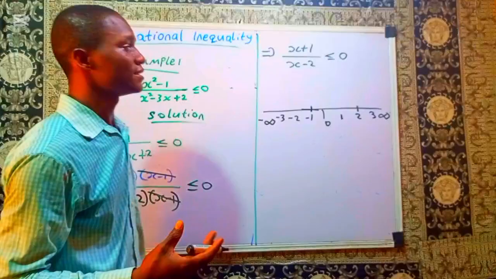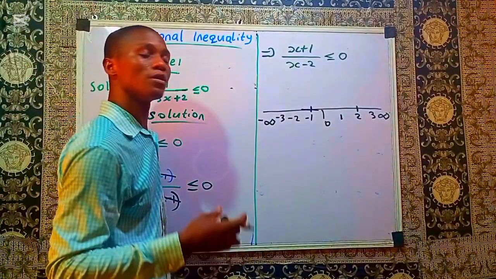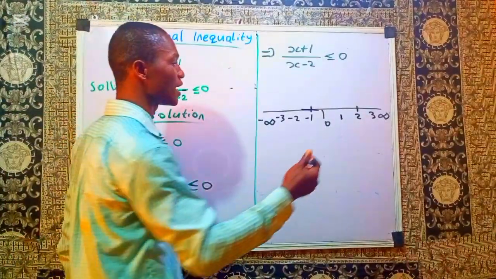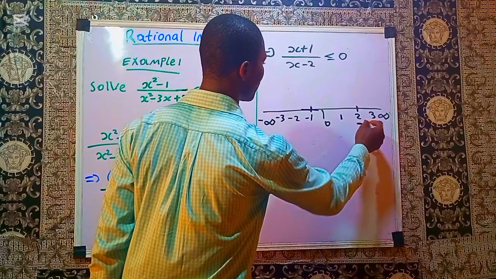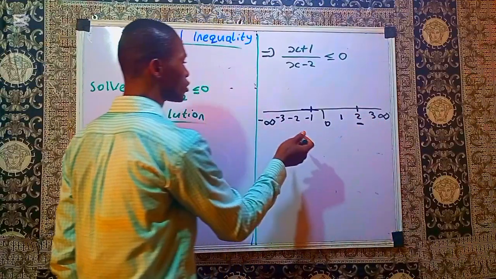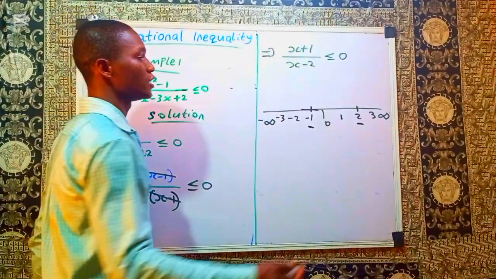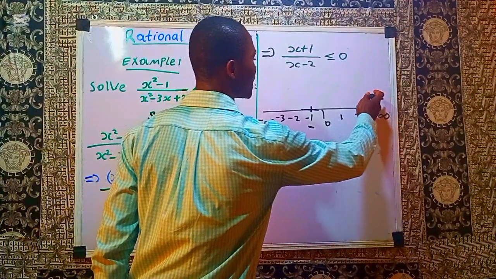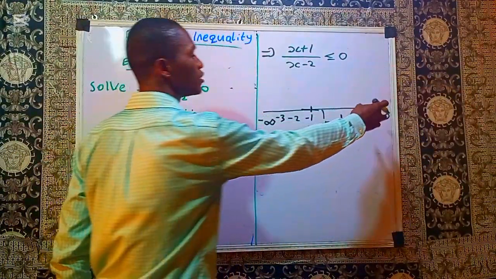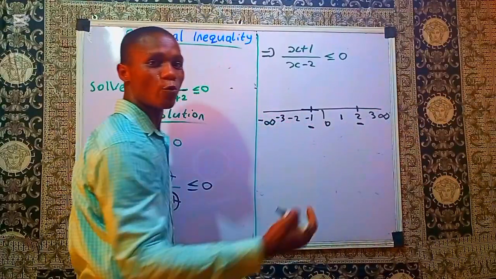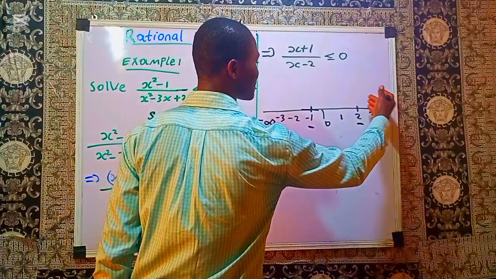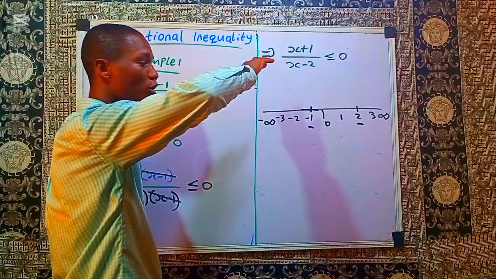Once you have done that, the next thing is to substitute numbers in the regions around these points. Remember, we considered 2 and we considered minus 1. If you pick a number bigger than 2, check whether this side will satisfy the inequality.